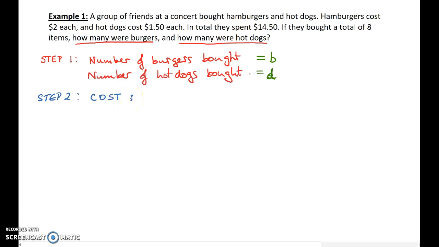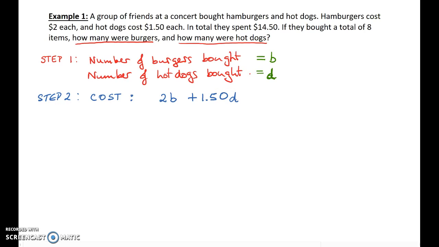If the burgers cost $2 each, remember burgers are b, so we can make that 2b. Hot dogs cost $1.50 each, so for the dogs we can do 1.50d. In total they spent $14.50.